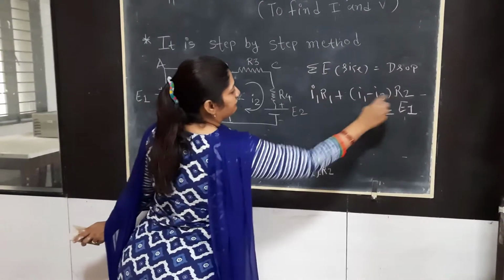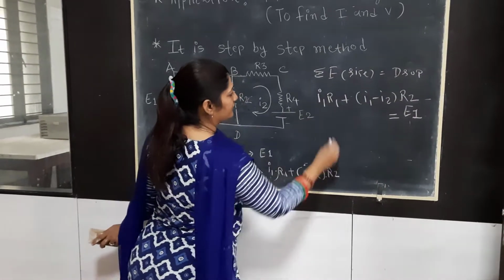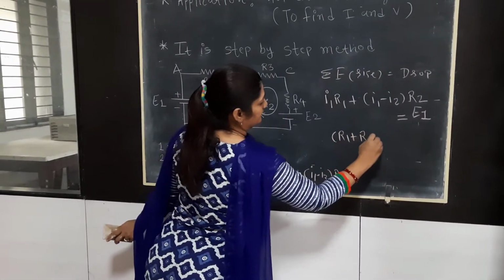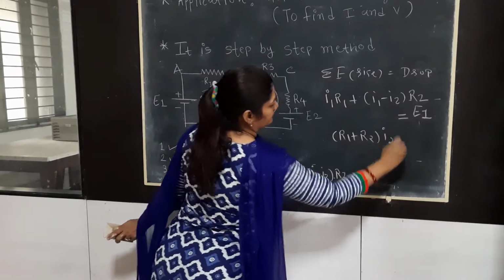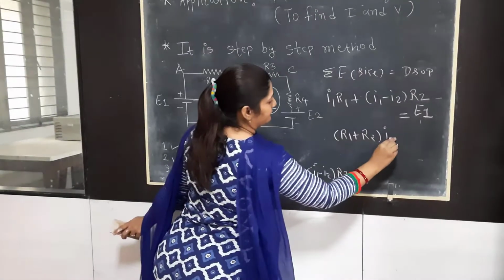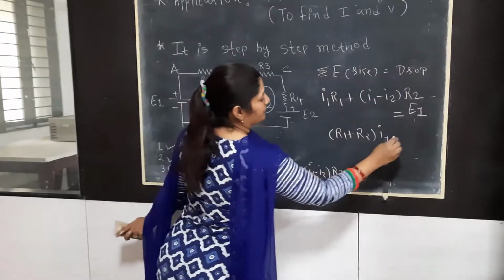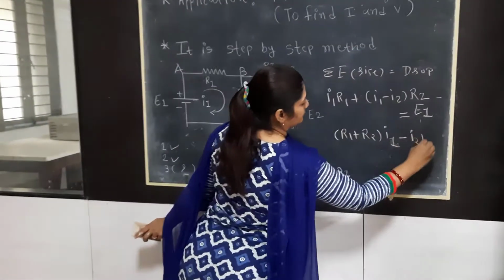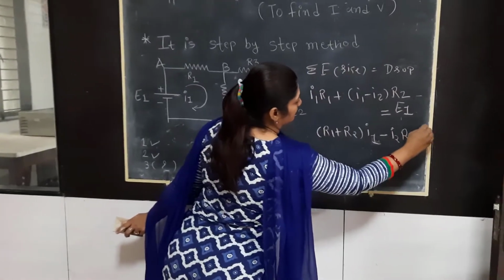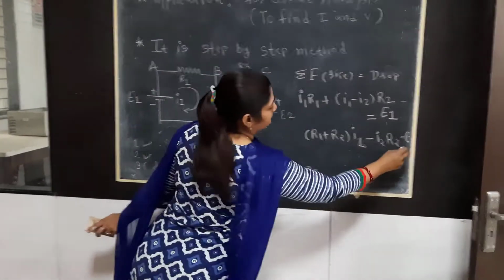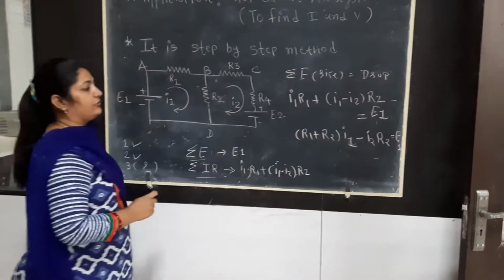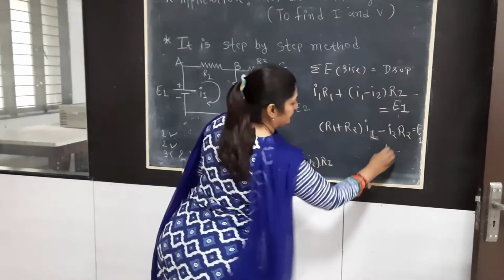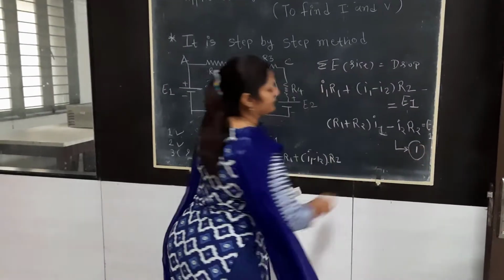Let me find the I1 term together, with simplicity: (R1 plus R2) I1 minus I2 R2 equal to E1. So with this, the formation of equation 1 is ready. Give it the number, equation 1.